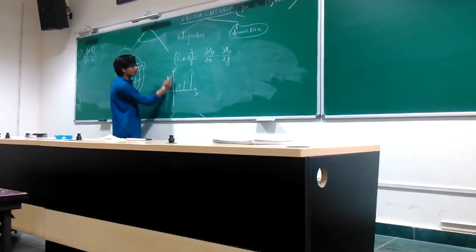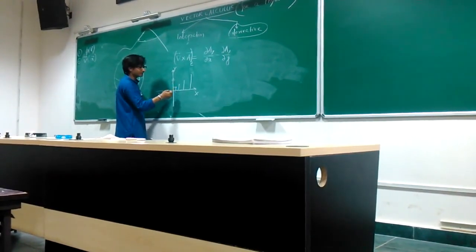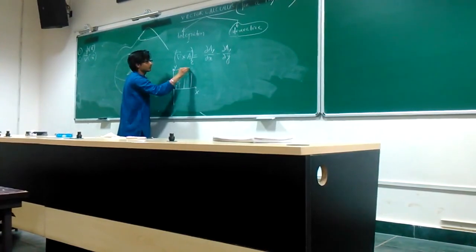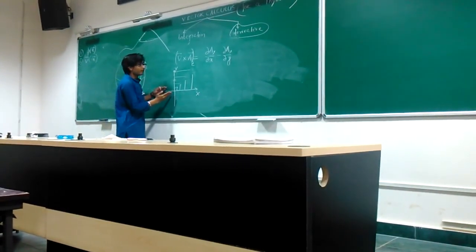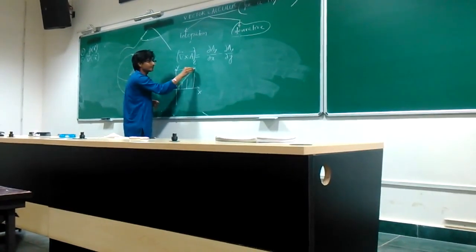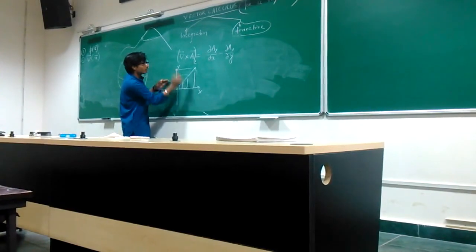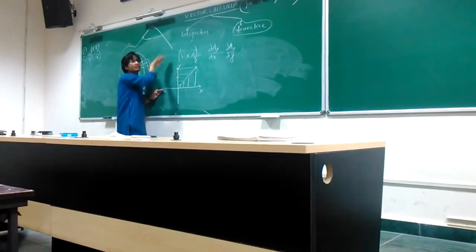Suppose I move along y, my x components are also changing similarly, with the same length. Then what is happening? Look at the vector field. The vector field is such that the y component is trying to increase and the x component is trying to increase in this way.